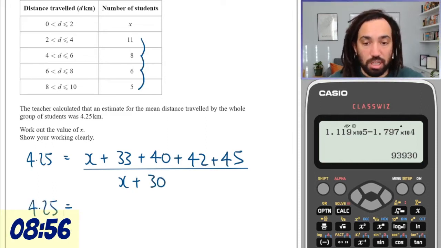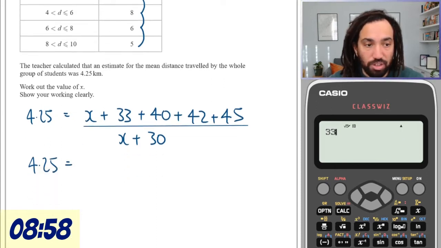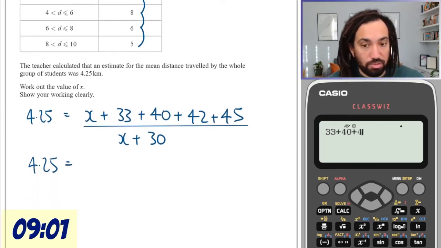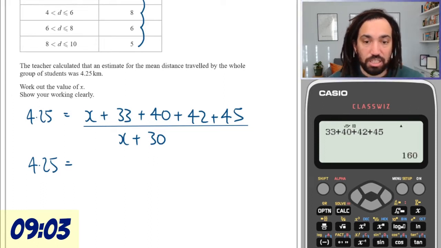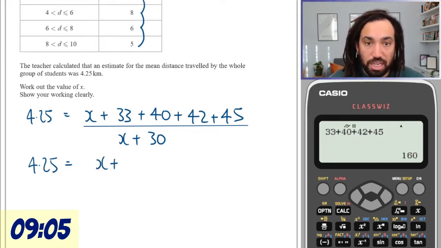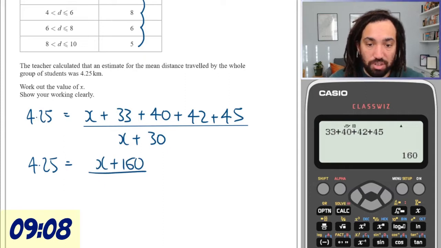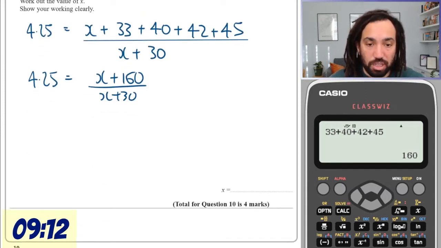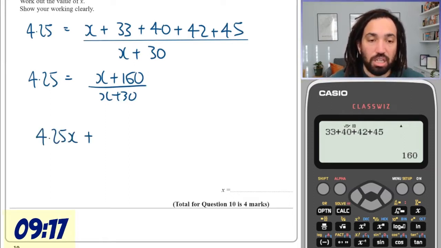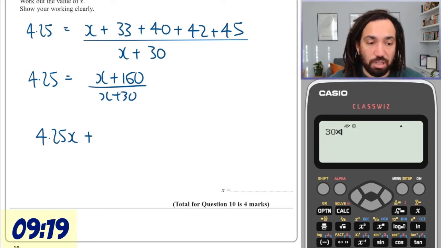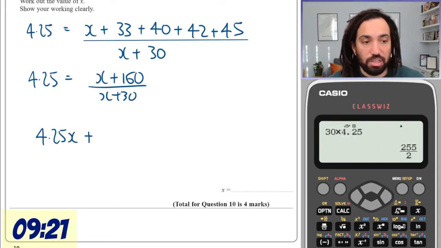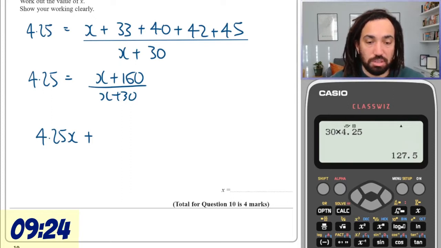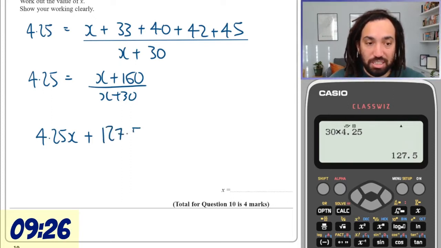Okay, right, so the top line, 33 plus 40 plus 42 plus 45 is 160. So we have x plus 160 over x plus 30. Right, times through both sides by that denominator gives us 4.25x plus 30 multiplied by 4.25, oops, no time for that, is equal to x plus 160.